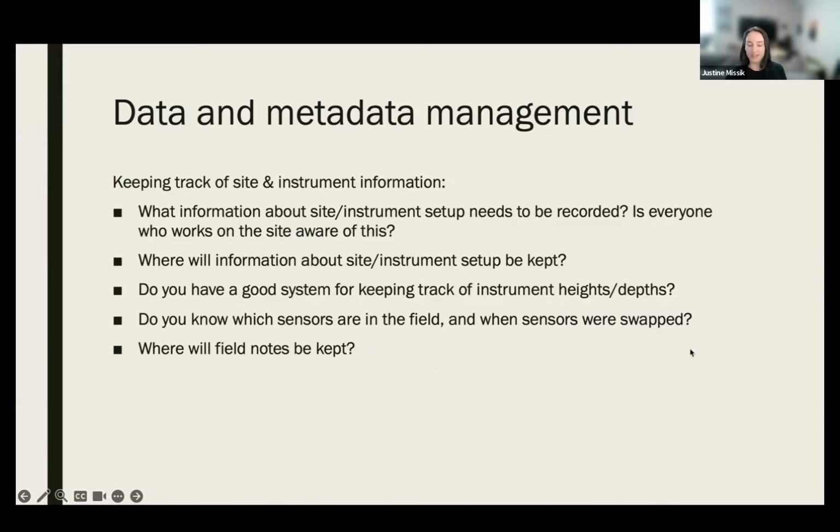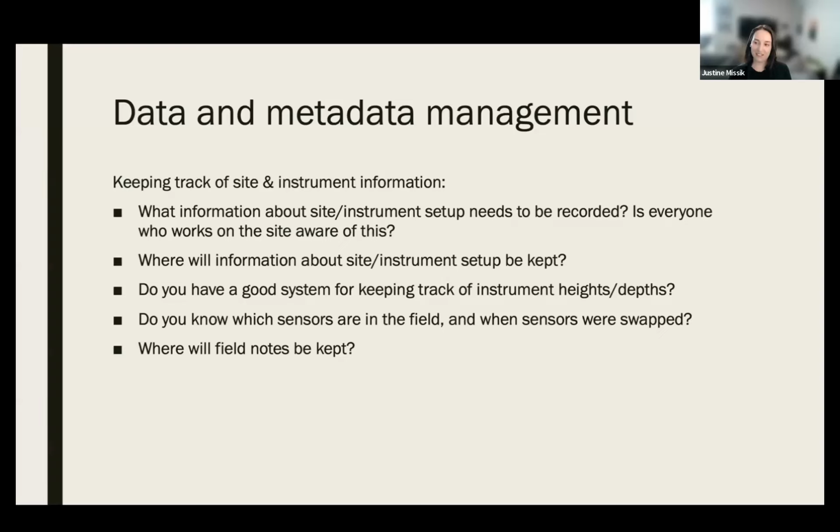The reason why this is important is, for one thing, you need to have metadata associated with your data. It can be really easy, especially when you have different students and different postdocs working on the site, to have a situation where you have more than one person working on things and you don't have an actual system, and some important information just gets recorded in one person's field notebook that then gets lost.